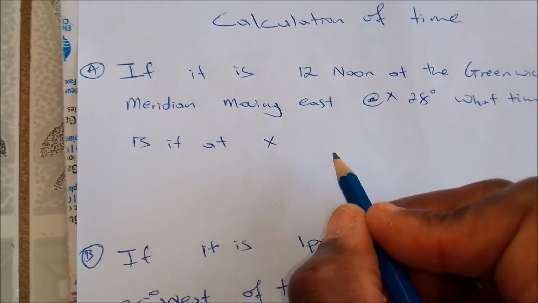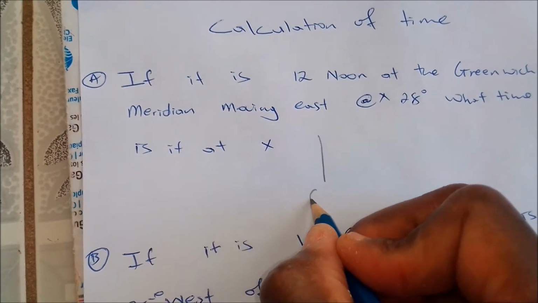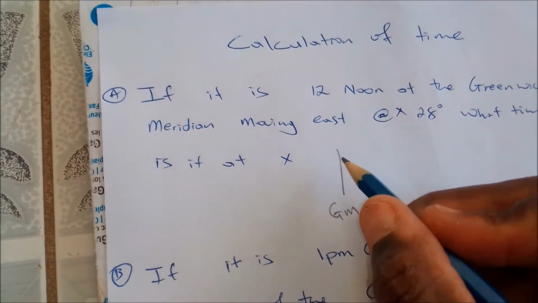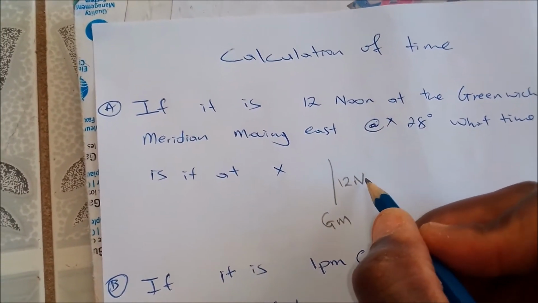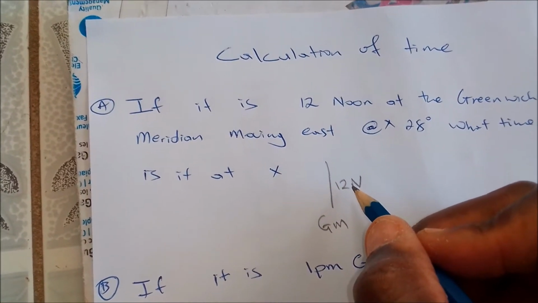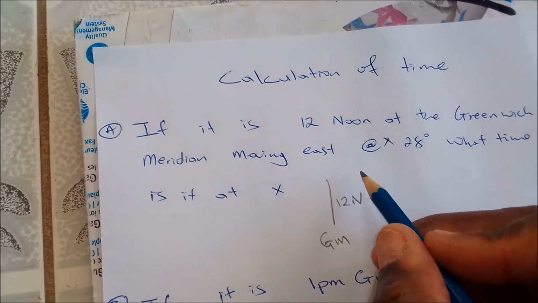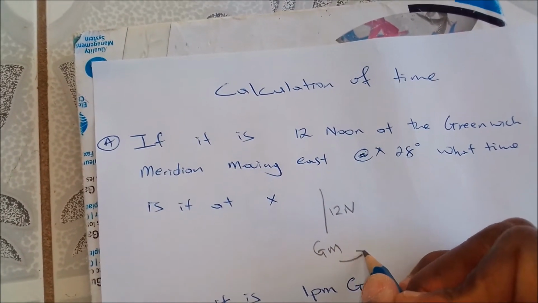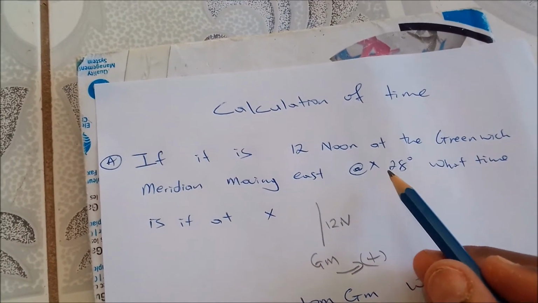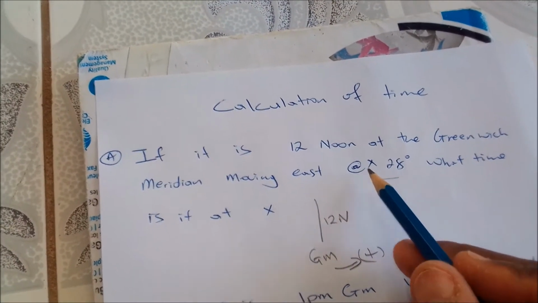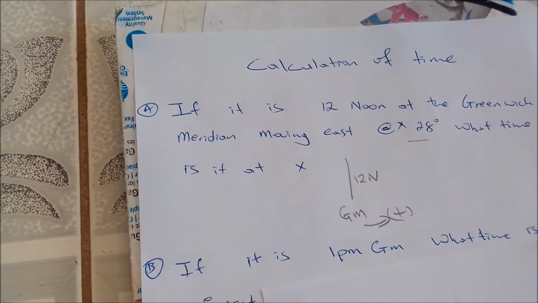This is the GM, and it is 12 noon. We're going east, which means we're going to be adding. What time is it at 28 degrees? Call this point X. Let's work out that one first.